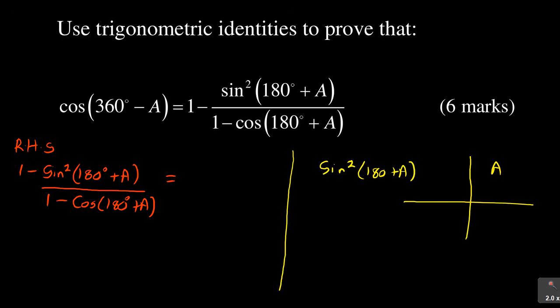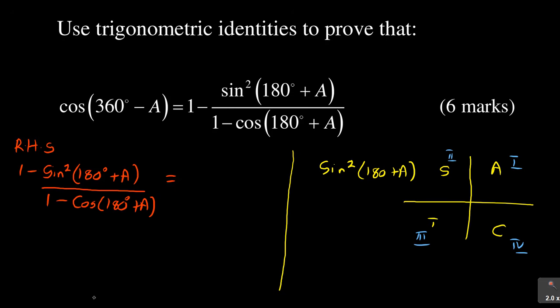Remember, it says All Students Take Chemistry; I encourage you to go through my previous lessons where I teach this. It gives you the quadrants: All means all of cos, sine and tan are positive in quadrant 1, S means only sine is positive in quadrant 2, in quadrant 3 only tan is positive, and in quadrant 4 only cos is positive.